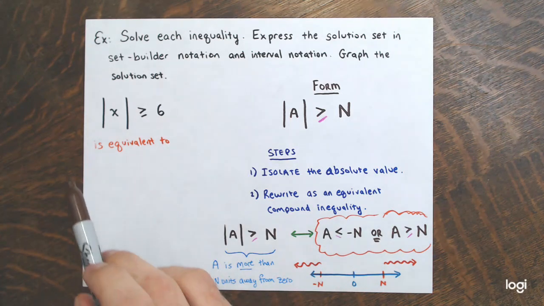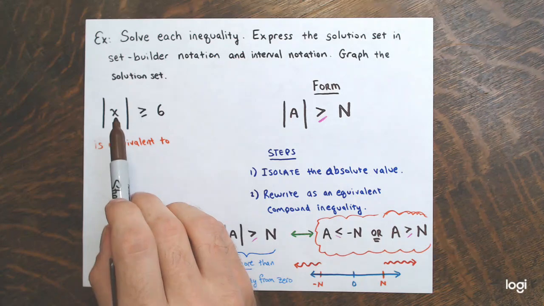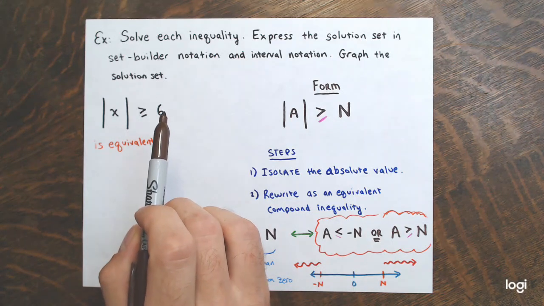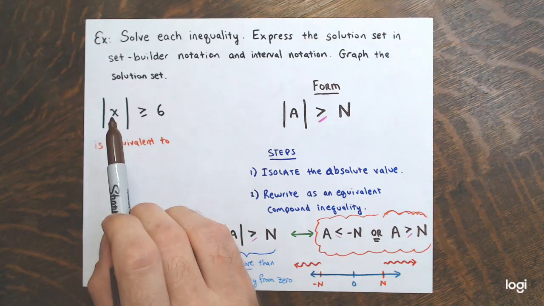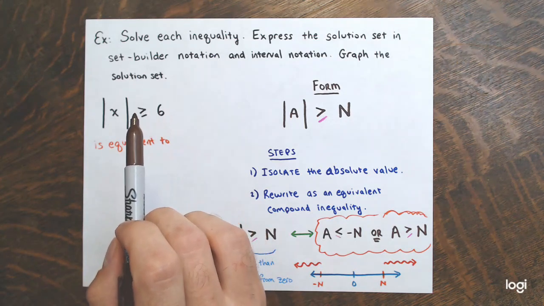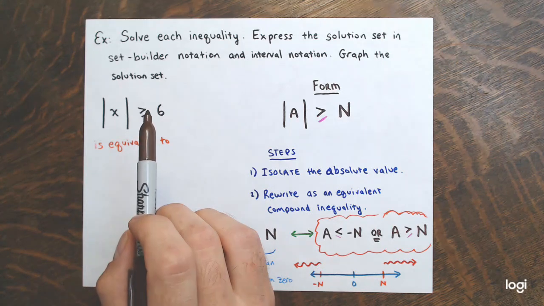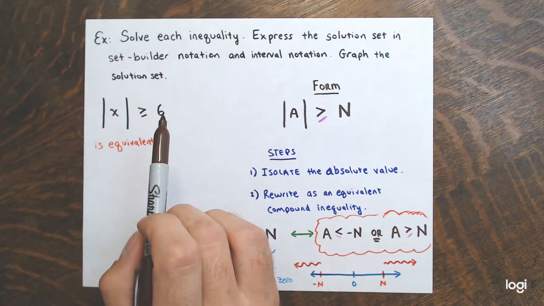And just think, what does it mean for a number to have an absolute value greater than 6? Or even equal to 6, but having an absolute value greater than 6 means that this number x is more than 6 units away from 0.